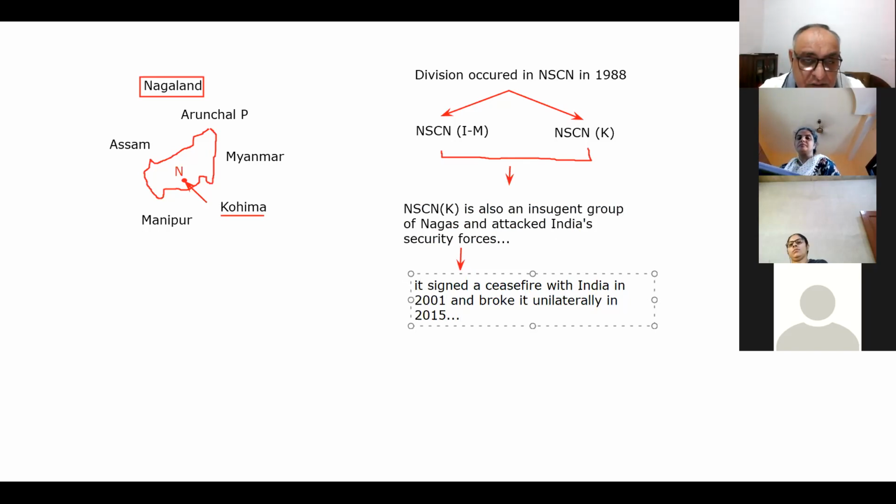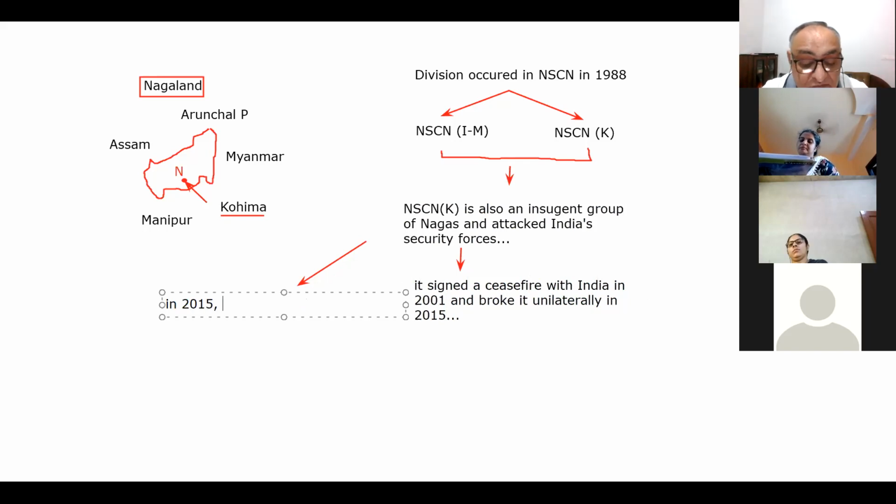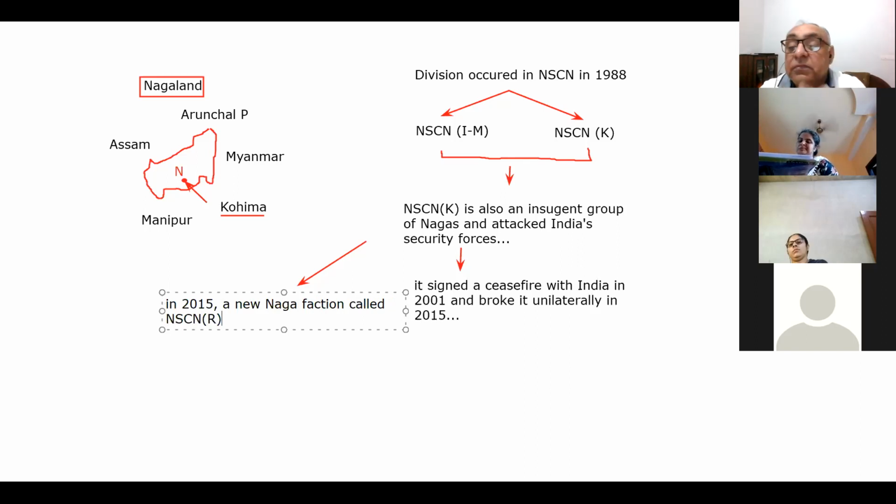And then what happened in 2015? In 2015, a new Naga faction called NSCN-R was formed. एक नया group बन गया, right?